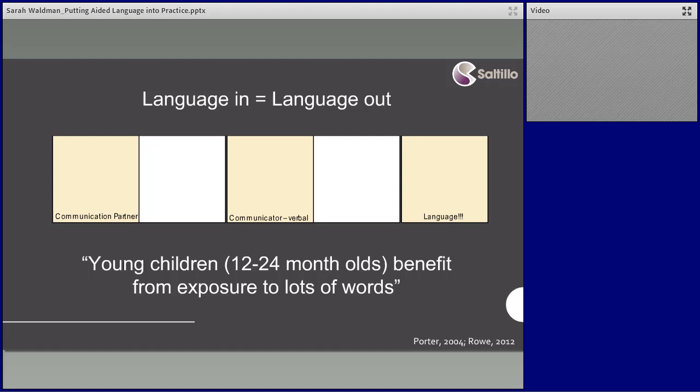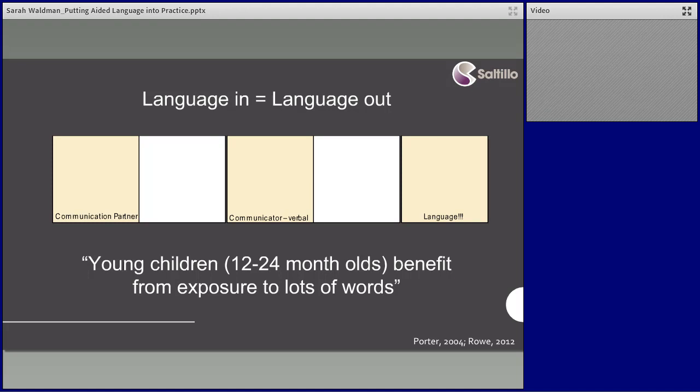So if you think about a young child who's learning language, a typical child, we expose them to language and words for at least a year before they actually start repeating the words. Typical children say their first word around 1.